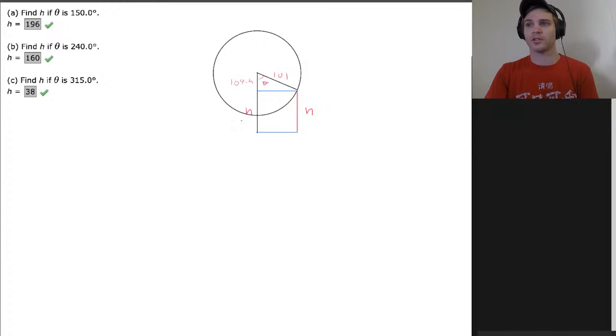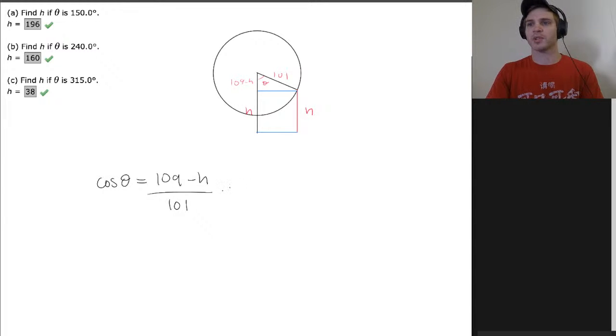And this angle is theta. So before I think I was doing the most; we can just say from this thing, cosine of theta is equal to 109 minus h over 101. So we're looking for h, so we'll solve for that.